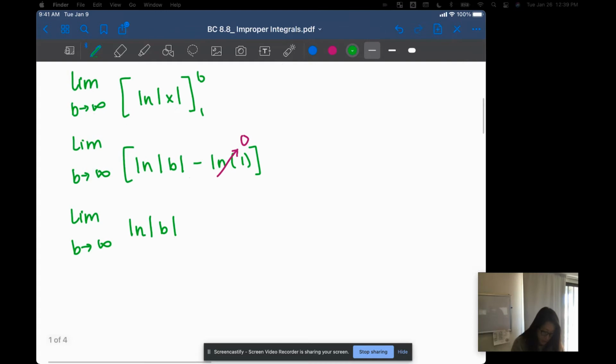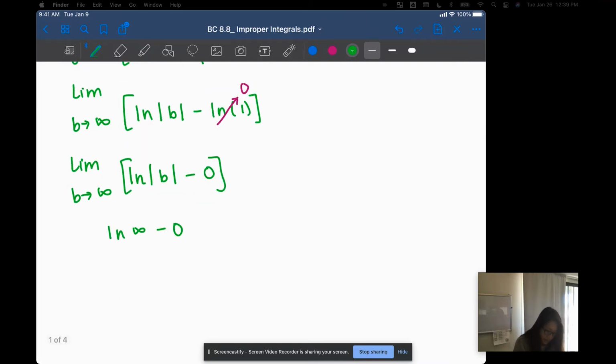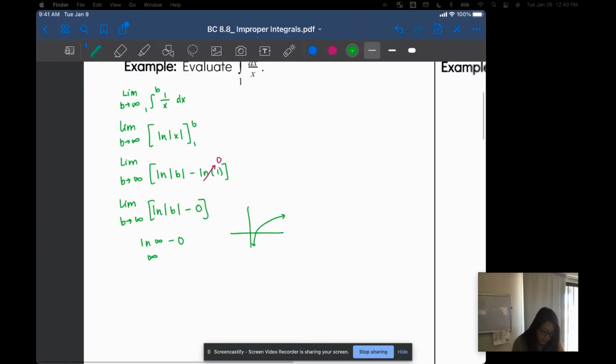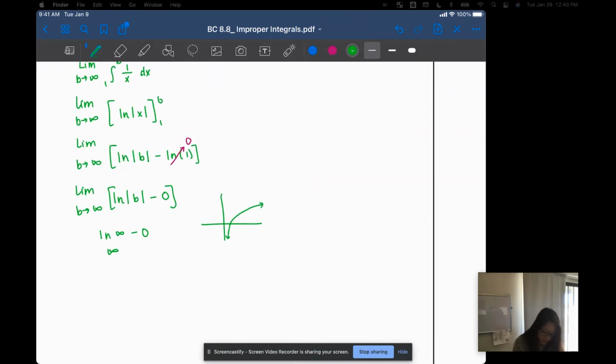I substitute in infinity now, so I get to drop the limit: ln of infinity minus 0. ln looks like this. As x goes to infinity, y is also steadily growing, so y goes towards infinity.